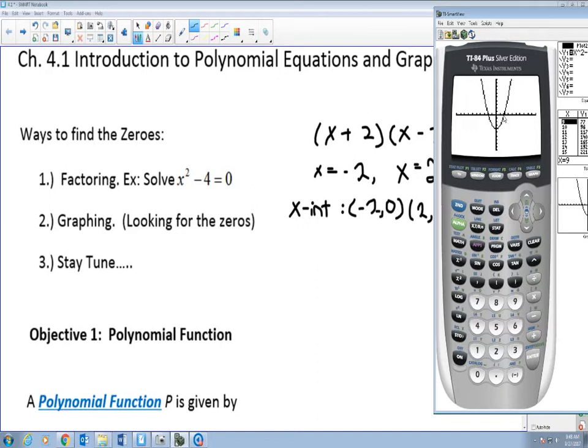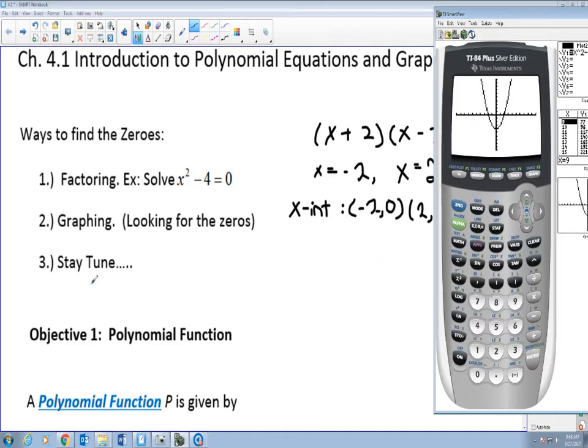We will talk more about the different types of zeros in a different lecture video. One thing to keep in mind is the x and y-axes are real number lines. Only real numbers exist on the x-axis and y-axis. So when we run into zeros that are not real, then they will not show up here.